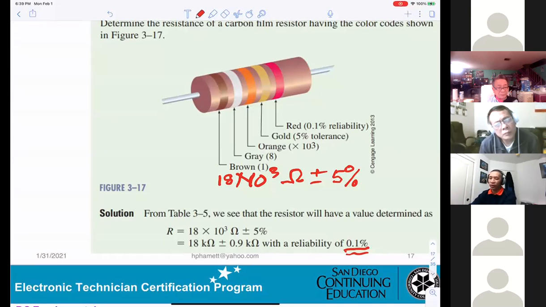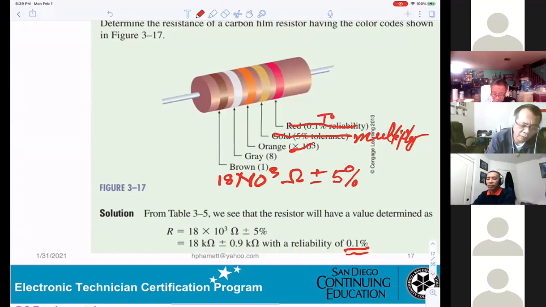Okay, now basically this is drawn. That will be the multiplier right here, and that one will be the tolerance.